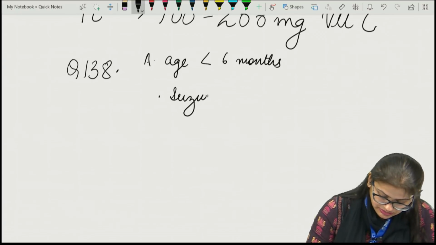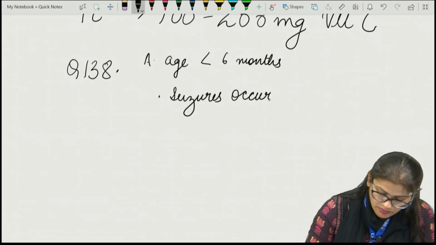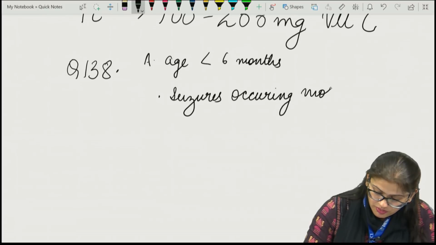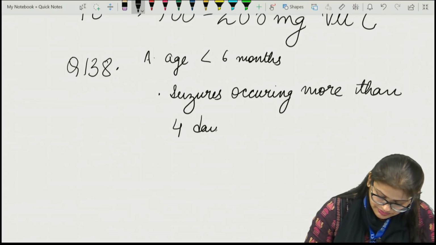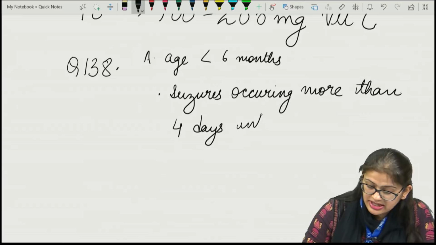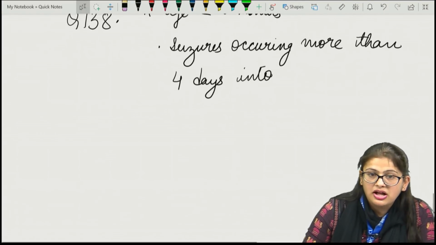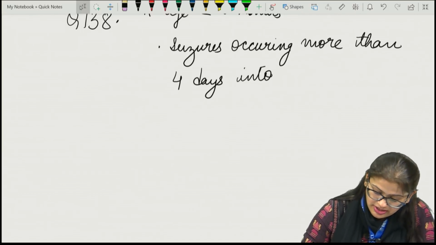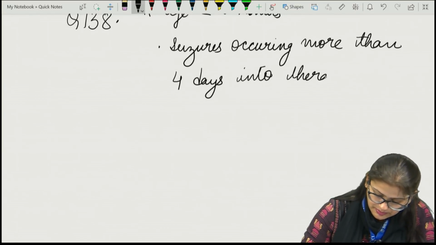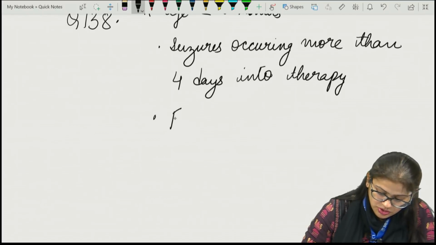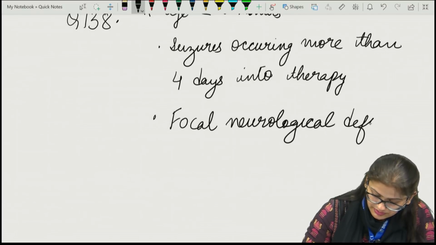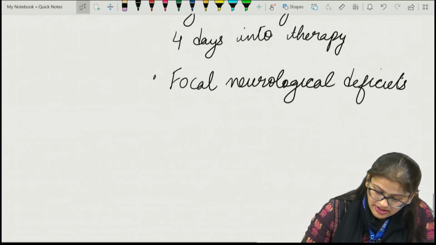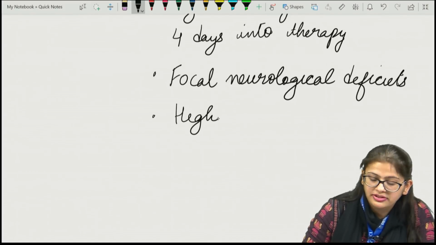seizures occurring more than 4 days after therapy, after treatment has already been started, in case seizures were not present initially and they occur at almost 4 days after therapy has begun, focal neurological deficits, and high concentration of bacteria in the CSF.